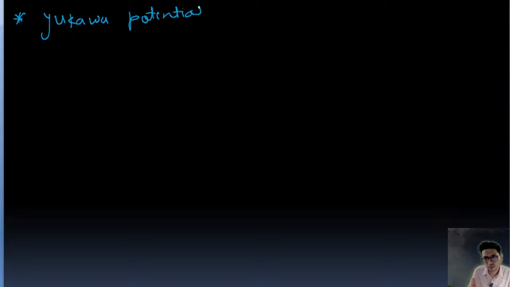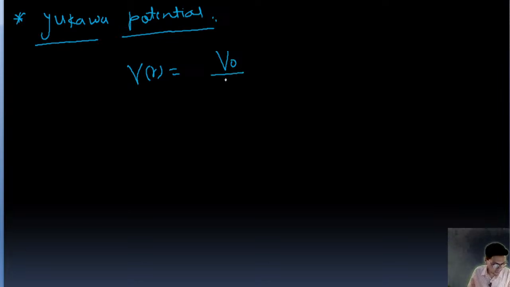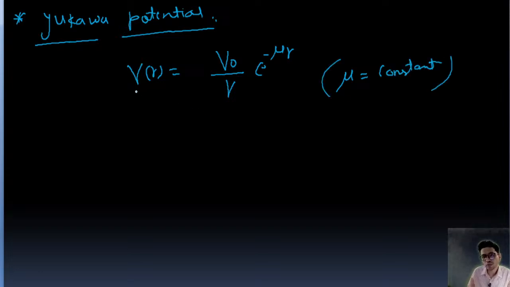What is the Yukawa potential? We know that V, which is a function of r, is equal to V naught upon r, e to the power minus mu r.